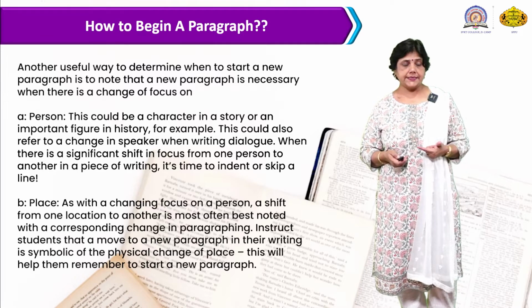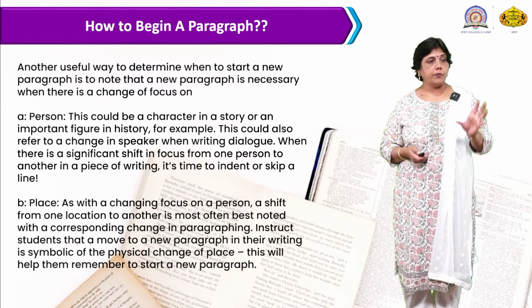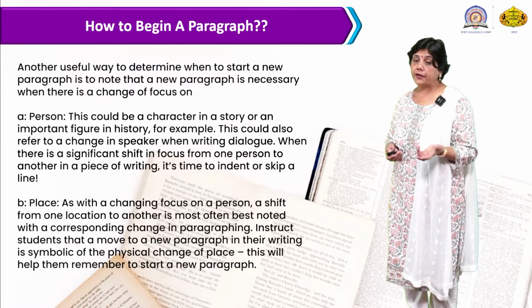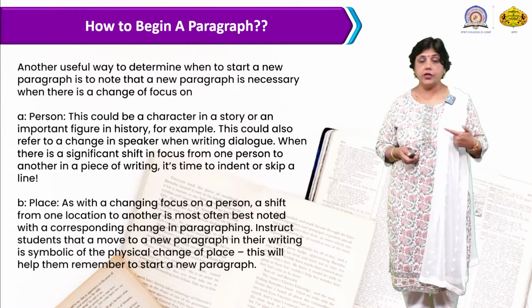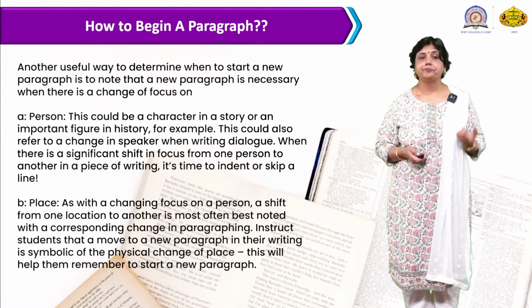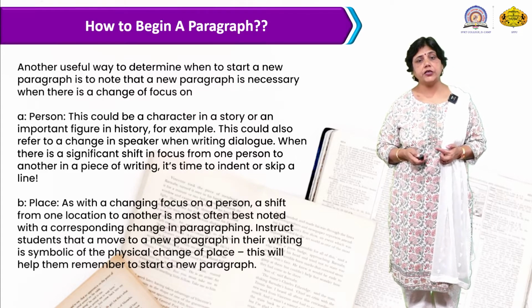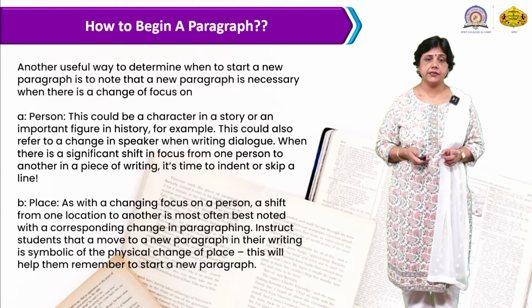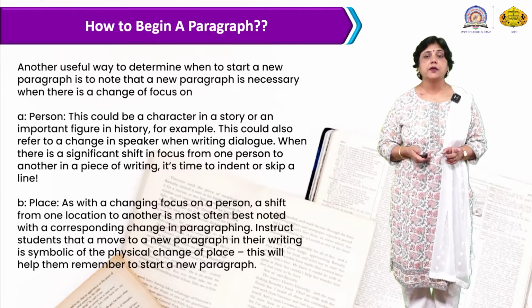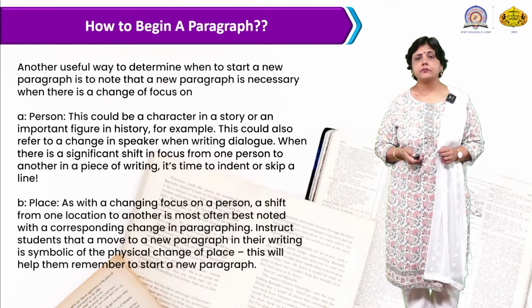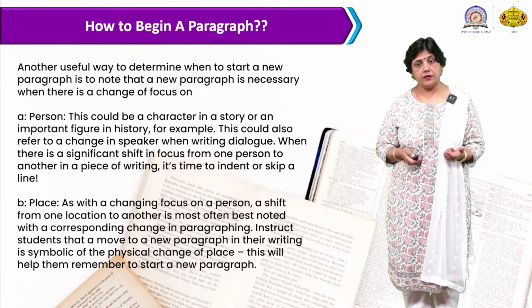Then place. Suppose you are writing about a place and then focus is shifted from A place to B place, then again you need to change the paragraph. As with a change of focus on a person, a shift from one location to another is most often best noted with a corresponding change in paragraphing.